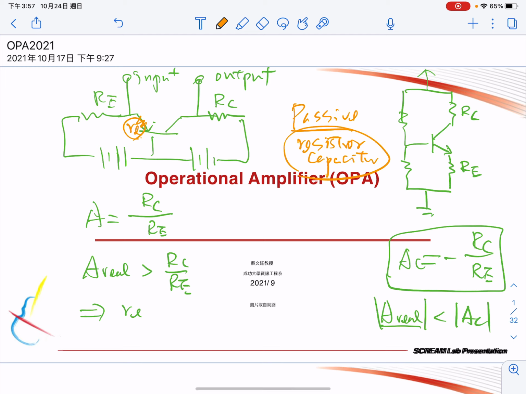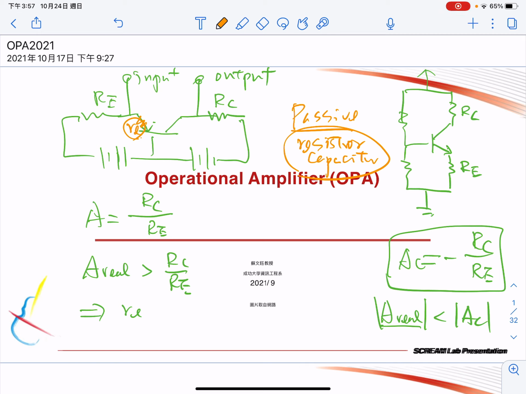These devices do not have the ability to amplify, but they are easy to manufacture, and their values are usually more accurate and more stable than the active device.